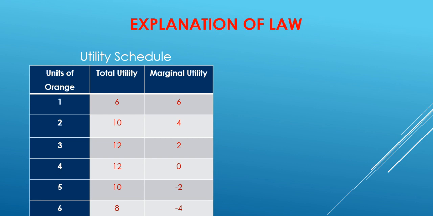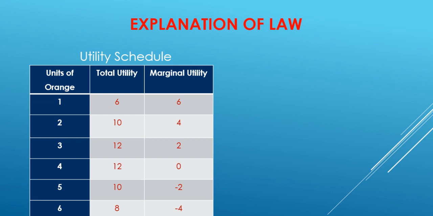The fourth orange cannot give him any additional satisfaction because its marginal utility is 0. Utility derived from all the 4 oranges taken together is constant at 12 units.